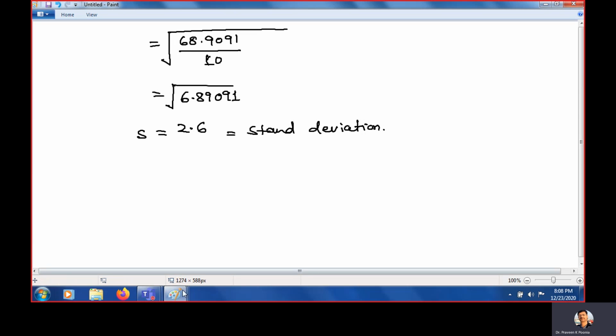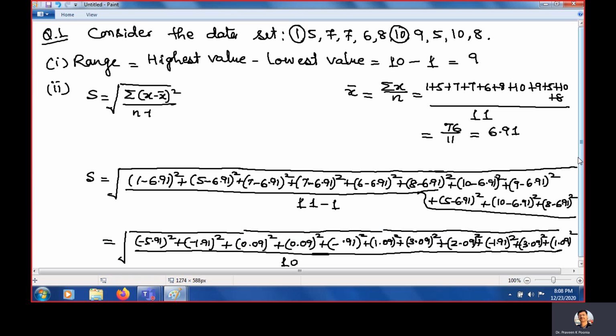So the procedure is a little long, but it is not difficult. What you need to do? There are 11 values written here. First, you need to find the mean of these values. In exam, we do not give such complex numbers. We give small numbers. Okay, so 6.91 you get.